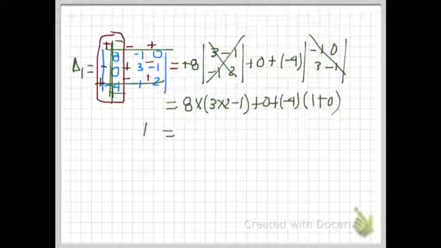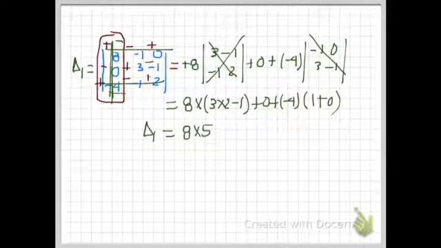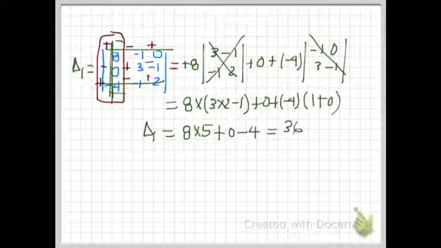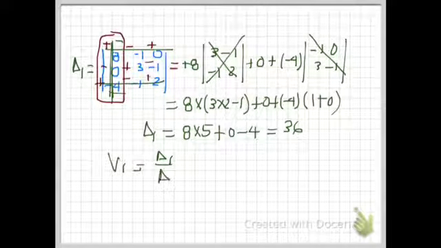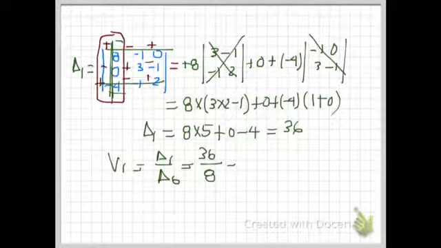So delta 1 is equal to 8 times 5, since 6 minus 1 is 5, plus 0, minus 4 times 1 is 4, so this is 36. So b sub 1 is equal to delta 1 over delta g, and if you remember, delta g was 8, and now it is 36 divided by 8, which is equal to 4.5 volts.